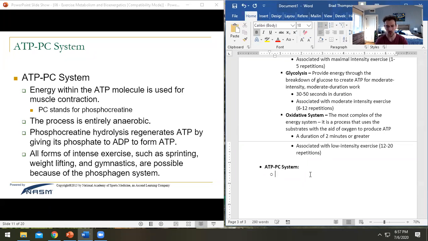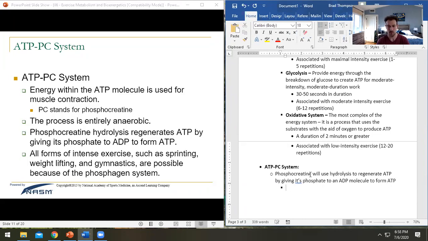So phosphocreatine will use hydrolysis to regenerate ATP by giving its phosphate to an ADP molecule to form ATP, okay?